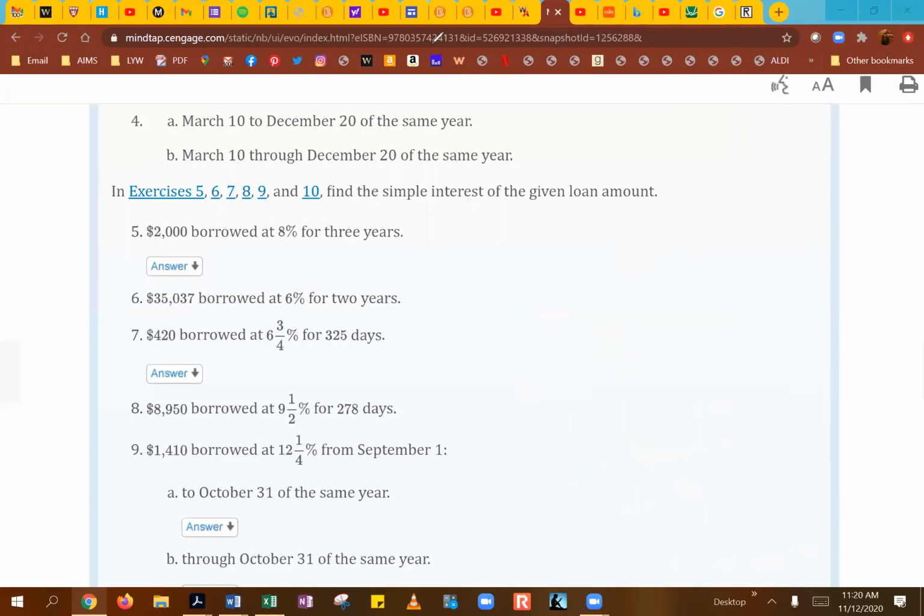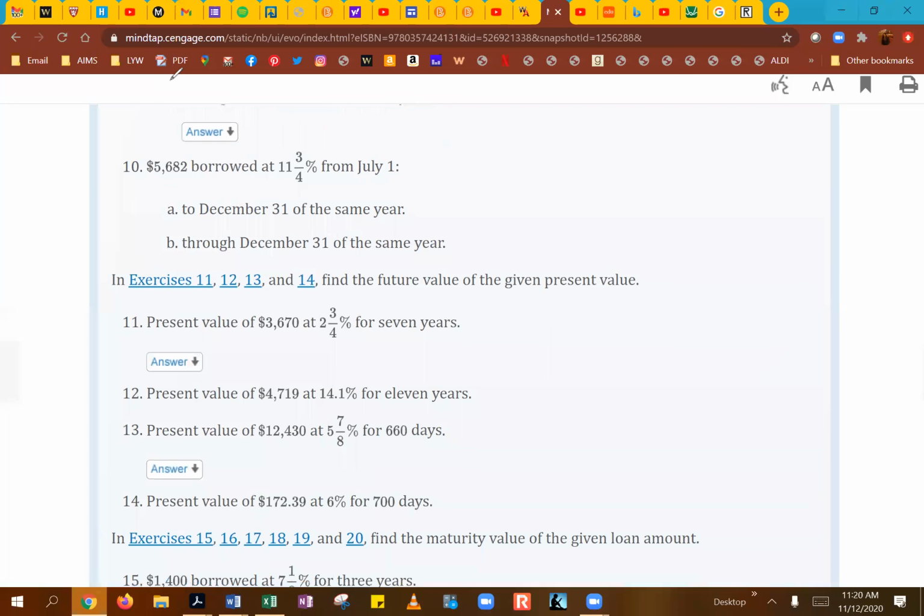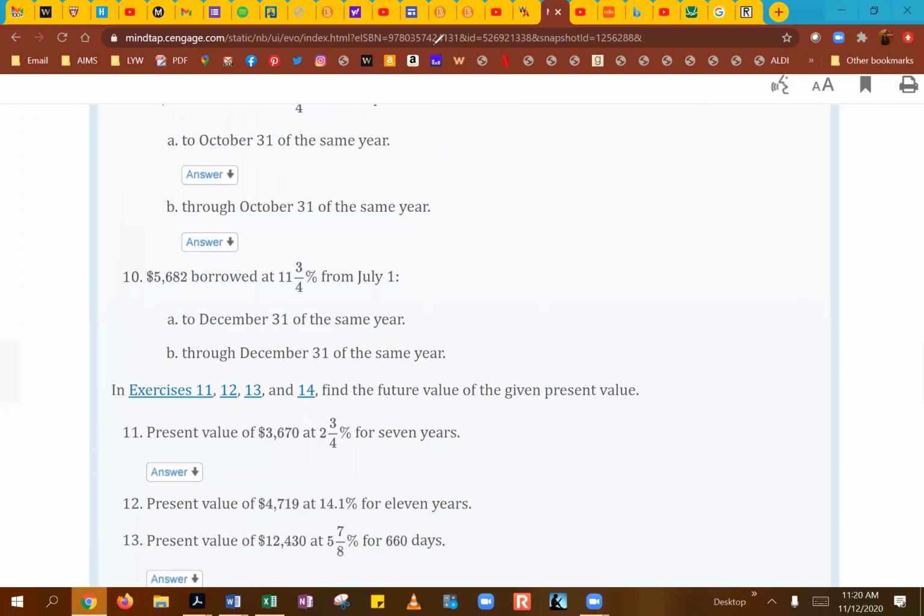Alrighty, let's change this up a bit, and let's look at number 10 over here. I might actually need a little bit more space.